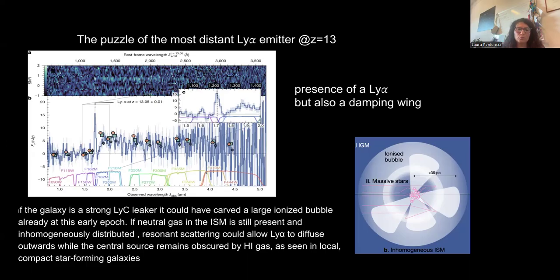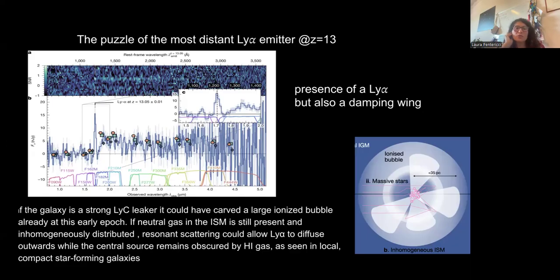So the central source is not seen, but the Lyman alpha can escape from the outer parts, okay? And of course, this source has already carved somehow a large ionized bubble because it has been on for quite, well, not a lot of time because it is at redshift 13, but at least for several tens of million years. So this is a possible model.